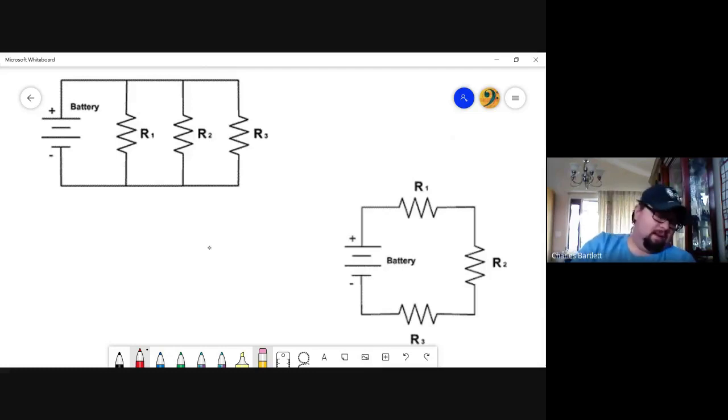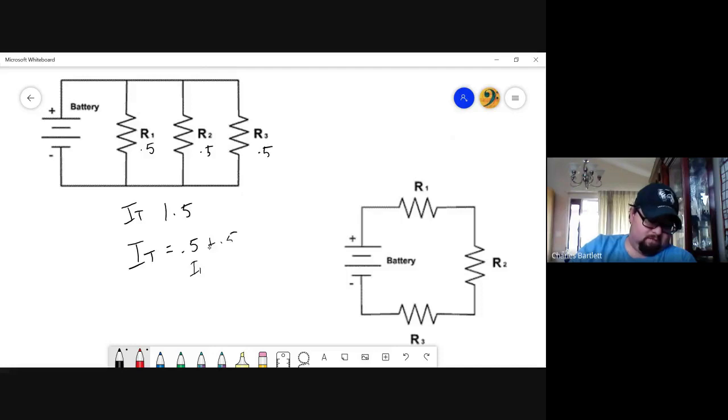Say we have half an amp here, half an amp here and half an amp here; we would add those up to get 1.5 amps. That 1.5 amps would be our IT, and the math problem would look like this: IT equals 0.5, which is I1, plus 0.5, which would be I2.